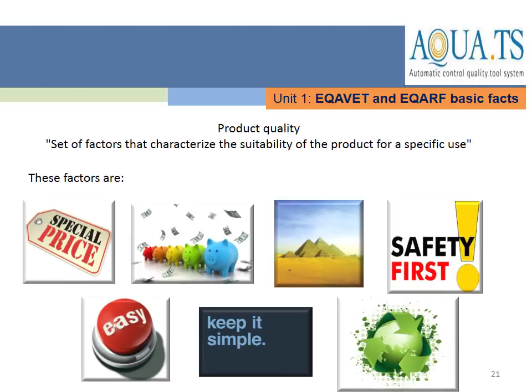Number 2. Cost. Number 3. Durability. The ability to resist over time to the stresses and ensure a constant operation. Number 4. Security. It can be understood as safety for the user, but also in the interests of certainty of the result you can reach with the use of the goods.